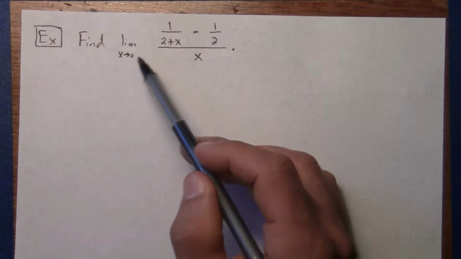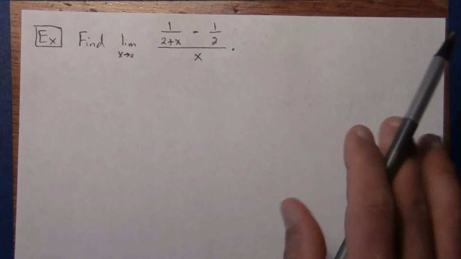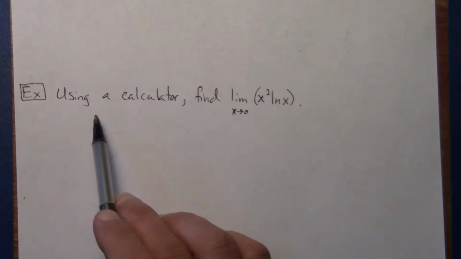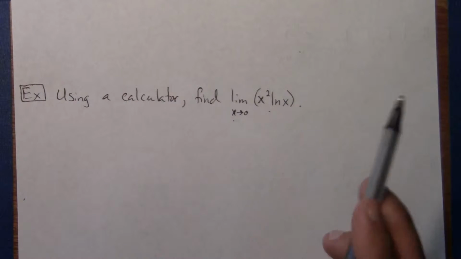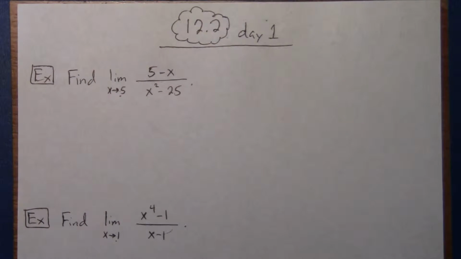Limit as x approaches 0 of, and then you see you have a compound function. That's kind of, again, a clue. At least it kind of tells me what I probably should do to it. And then the last one, we'll use a calculator for this particular one, finding the limit as x approaches 0 of that function.